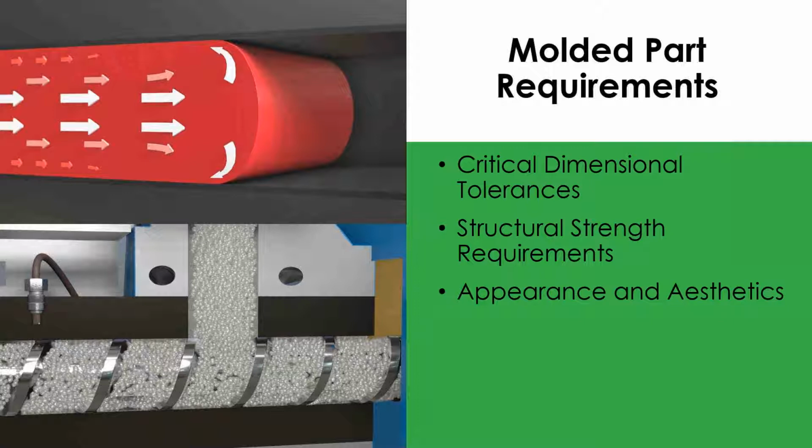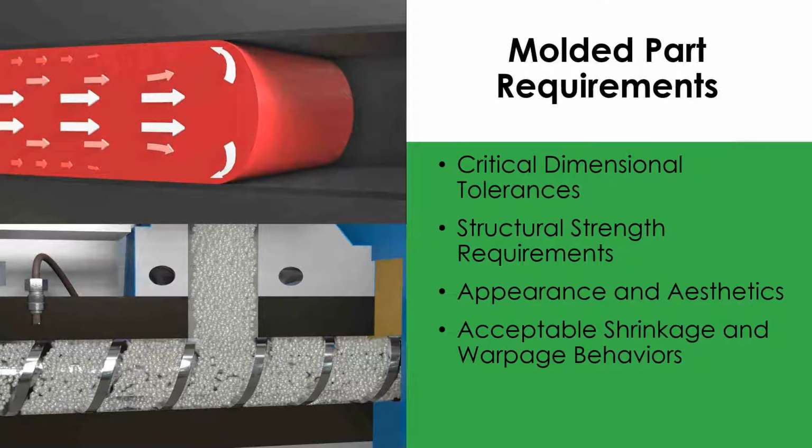Most often we have appearance and aesthetics, class A surfaces on visual parts, especially in automotive and medical devices, just to name a few. Those are important to know as well. And then, of course, acceptable shrinkage and warpage behavior. How does a part shrink? What type of added shrink do we need to put into a tool to make sure the part comes out correctly after molding?